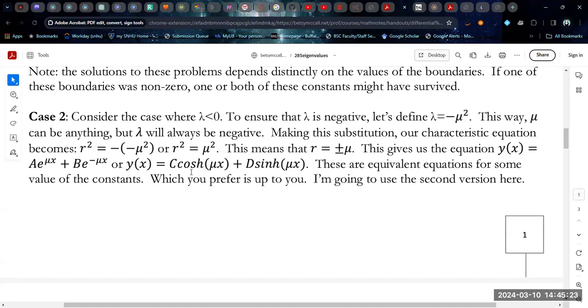These are algebraically equivalent expressions of each other, so which version you prefer is entirely up to you. For the sake of the example, I'm going to use the second equation, because the algebra turns out to be a little bit easier, but you will get the same result if you use the other set of solutions.